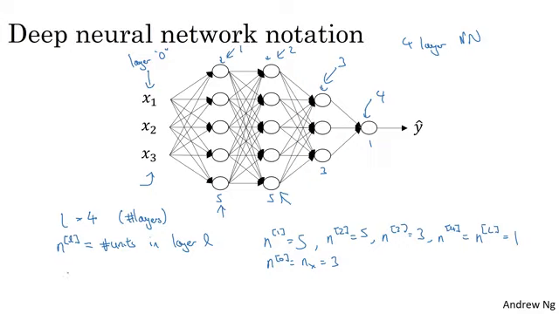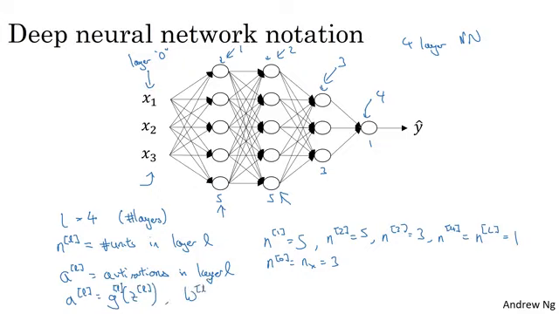For each layer l, we're also going to use a[l] to denote the activations in layer l. So we'll see later that in forward propagation, you end up computing a[l] as the activation g applied to z[l], and perhaps the activation is indexed by the layer l as well.